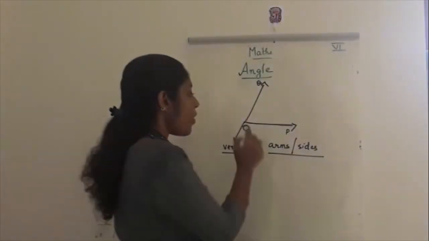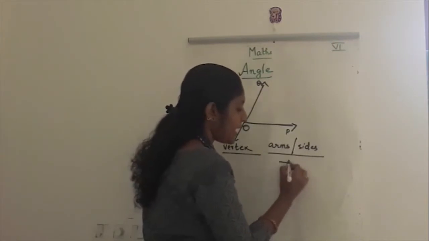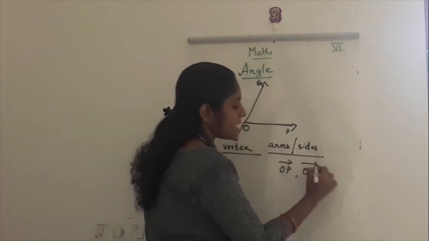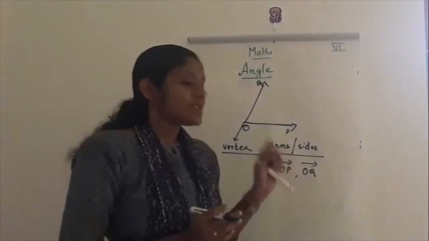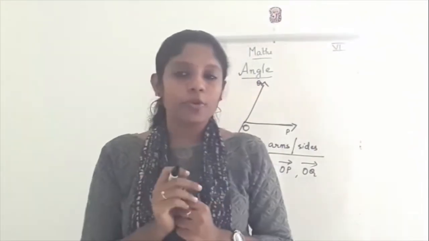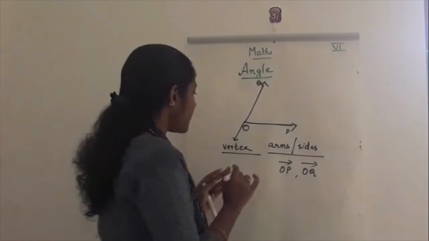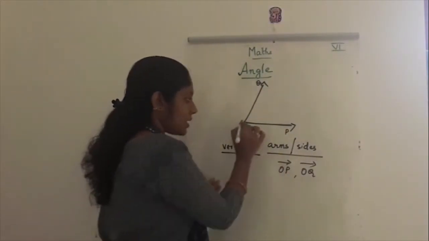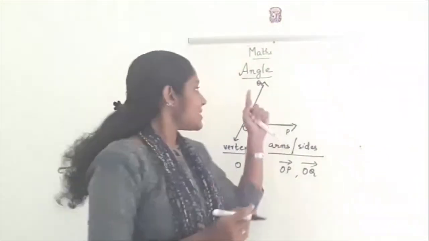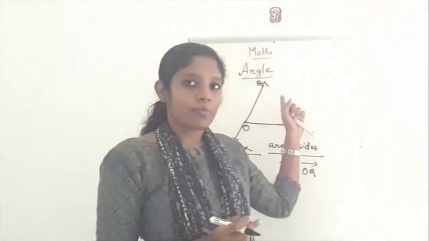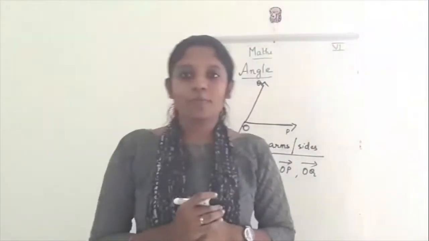In this you can see O is the vertex, and OP and OQ are the arms or sides of the angle. Hope you remember how to name a ray, you have to put the symbol. So O is the vertex or common point, OP and OQ are the arms or sides of the angle. An angle is formed by rays and has a common point called the vertex. Hope this is clear.